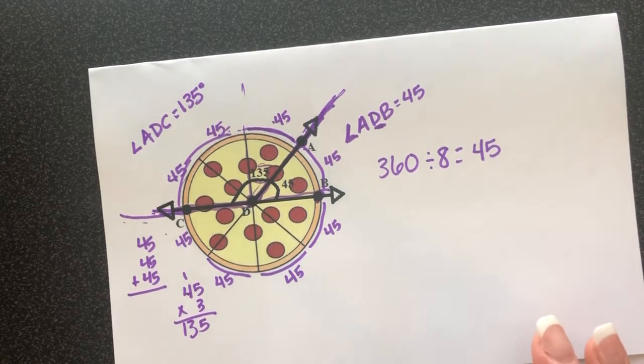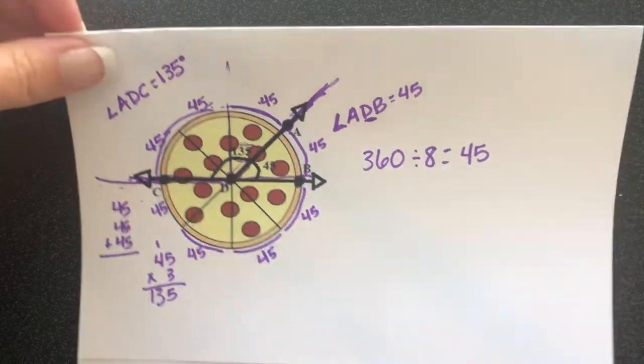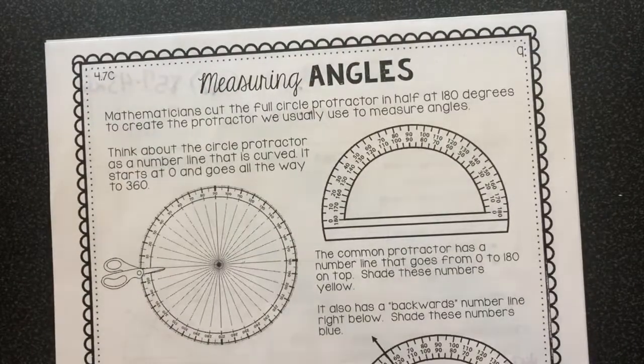So the tool that we use, and not just in school, but engineers and architects use this tool regularly whenever they are measuring angles, when they're generating blueprints and things like that. We use a protractor, okay?